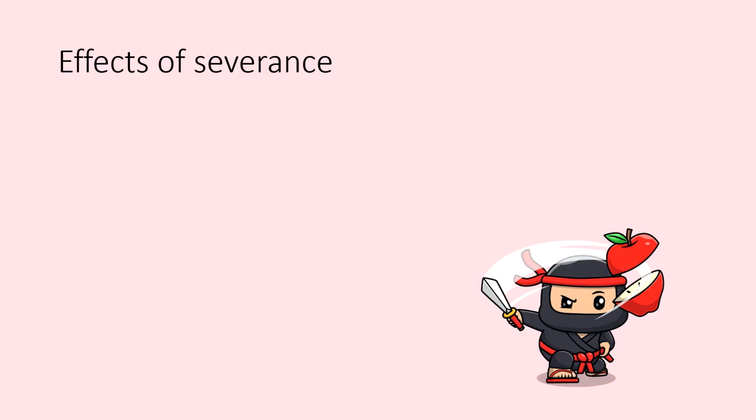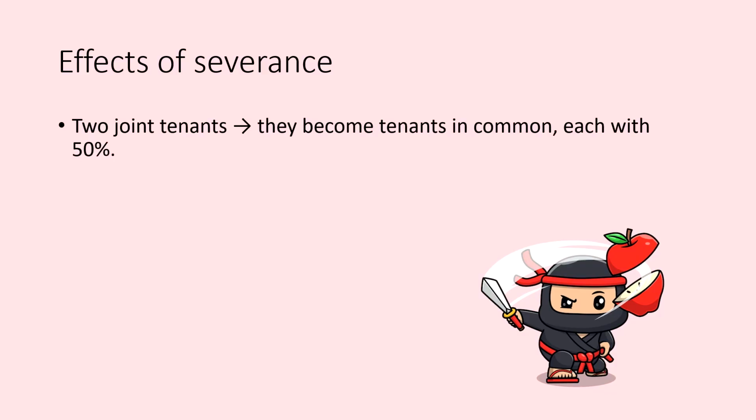So what are the effects of severance then? This depends a bit on how many tenants there were originally. If there were only two joint tenants, which is the most common case, they would then become tenants in common, and normally they will have equal shares unless this is specified otherwise because of contributions and so on.